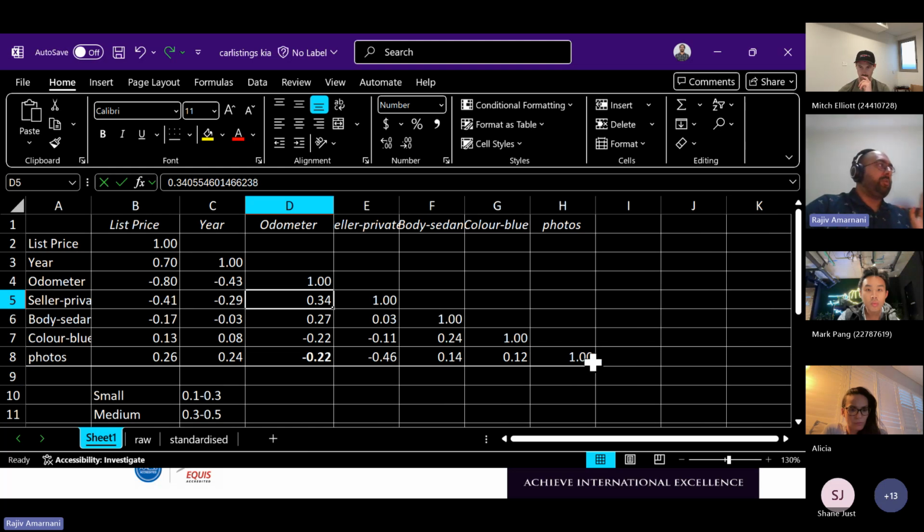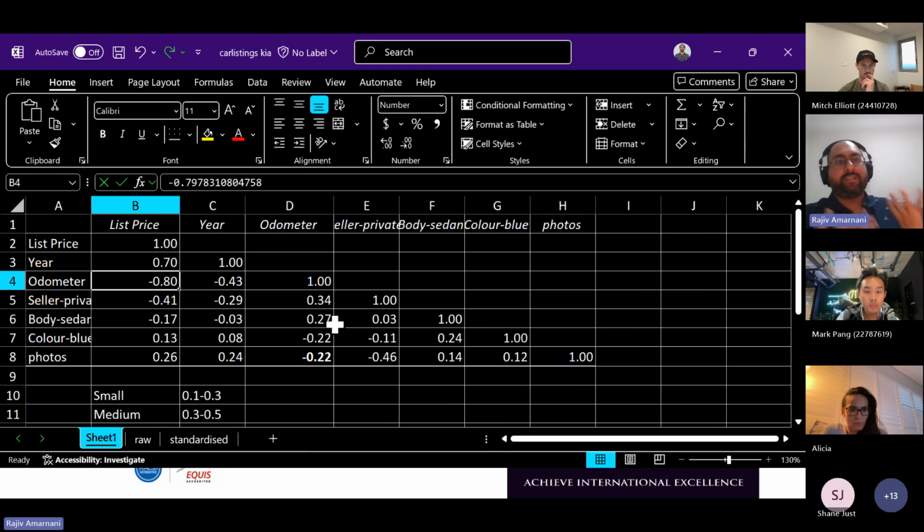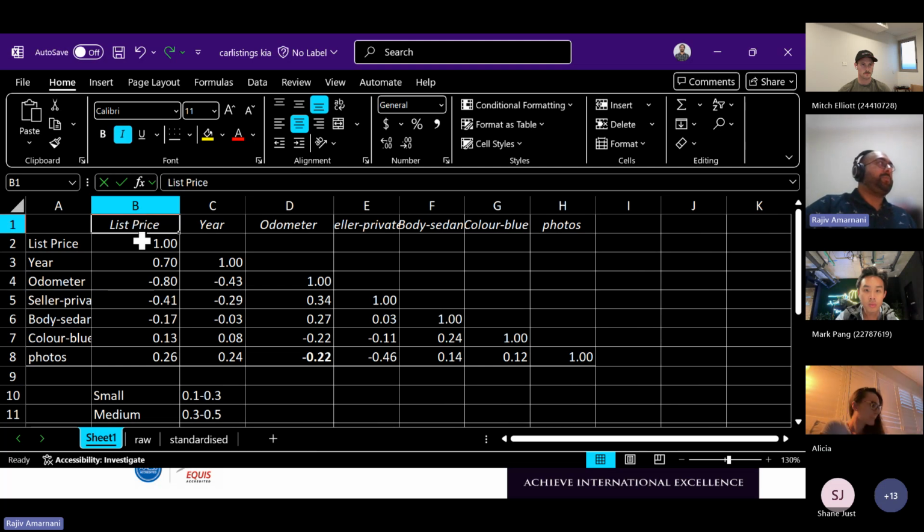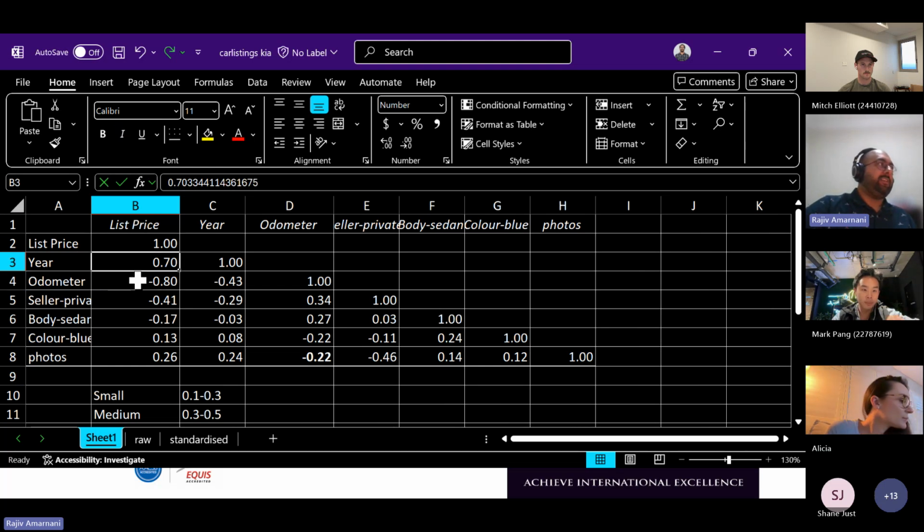When you're running a regression analysis and you see amongst the predictors a correlation of like 0.7, 0.8, you start to worry a little bit that they're very, very similar. Yeah. So here we see list price correlates quite a bit with year and with how much is on the odometer.